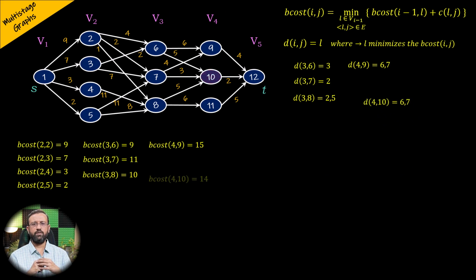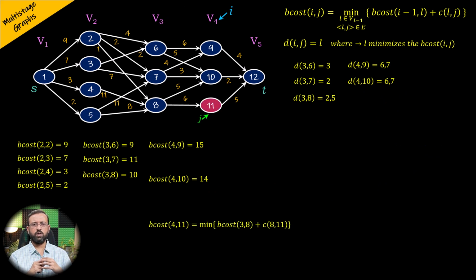Then we have to compute the cost of the path from stage 4 and vertex 11, which is the b cost of 4 comma 11, since i is the stage, which is 4, and j is the vertex in that stage, which is 11, and is equal to the minimum of the b cost of 3, which is the previous stage, and vertex 8 plus the cost of the edge from vertex 8 and vertex 11.